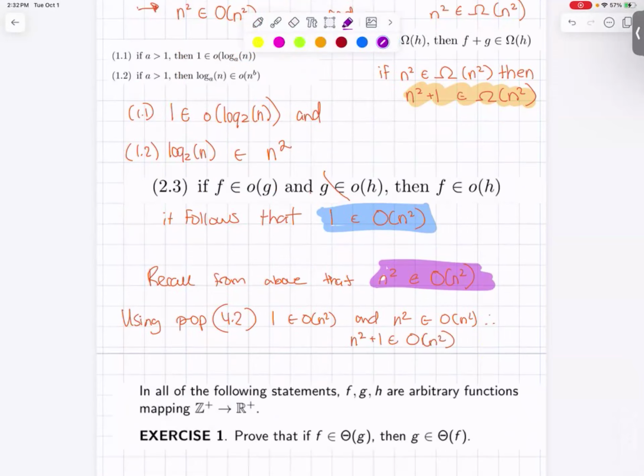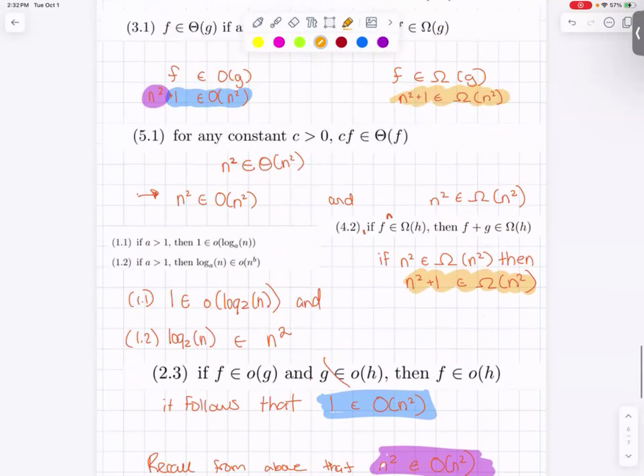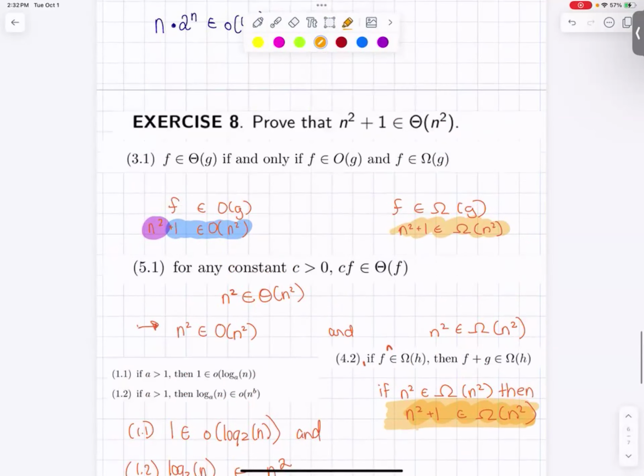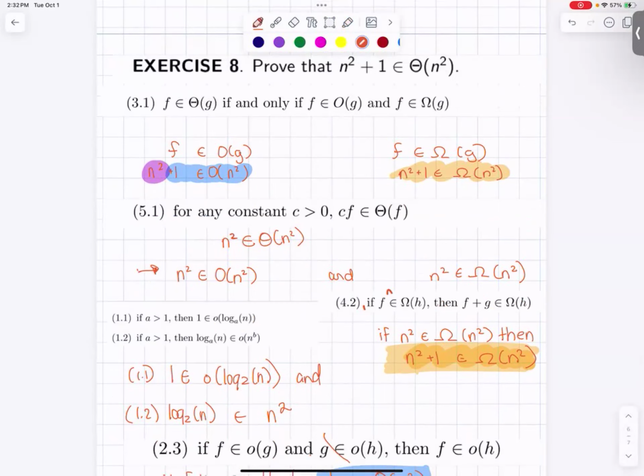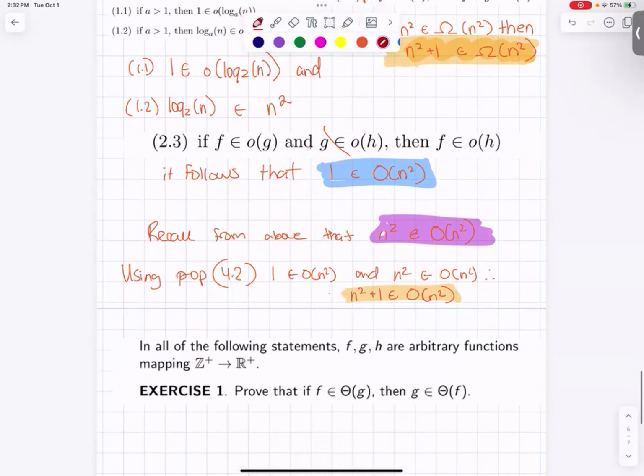And you'll notice that this side shows, sorry, n squared plus 1 is in big O, and this side over here showed that n squared plus 1 was in big omega. So when we put those two together, I'm just gonna label them with a purple heart, because I'm gonna run out of space and I get very symbolic, and a red heart.